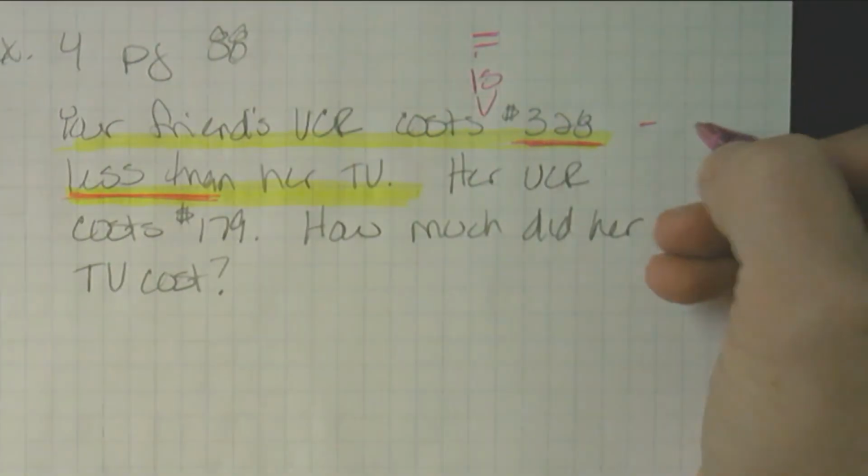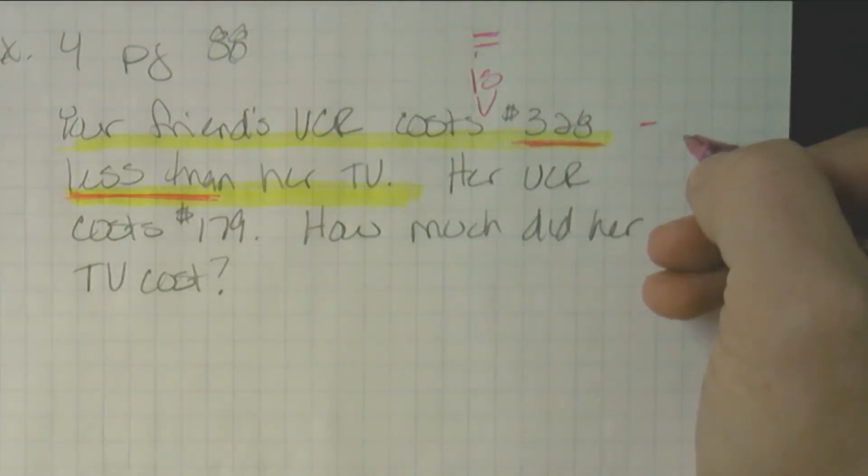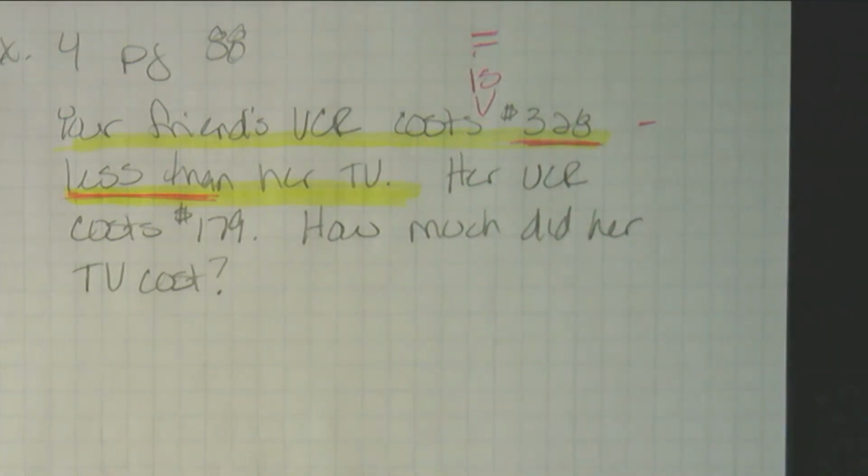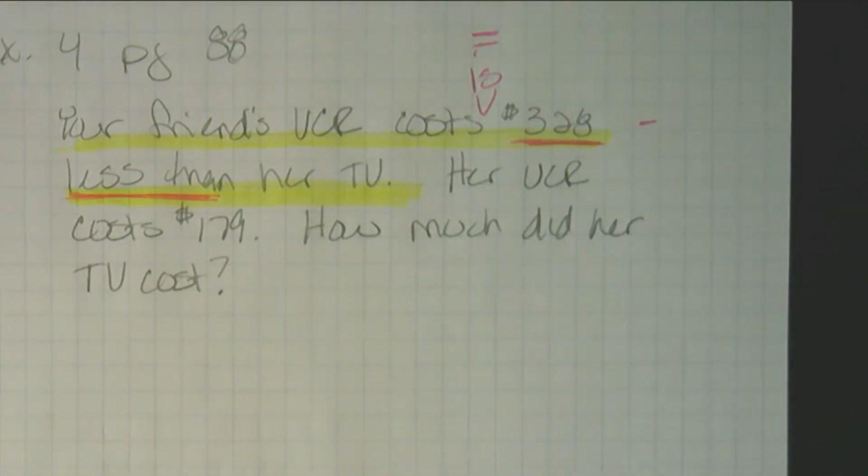What am I subtracting? If you have $10 less in your pocket than your friend, what am I subtracting? If you have $10 less than somebody, aren't you taking their money and subtracting 10 off? Does that make sense to you?